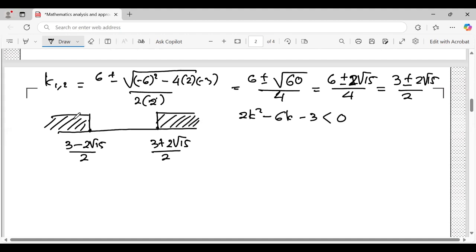Okay, but at this side, the numbers are negative. This is a negative number, and the solution is a positive number. So we have to receive k value that is positive.